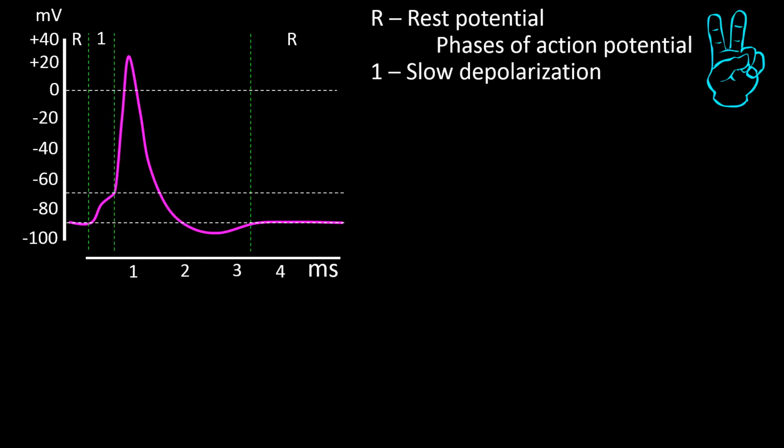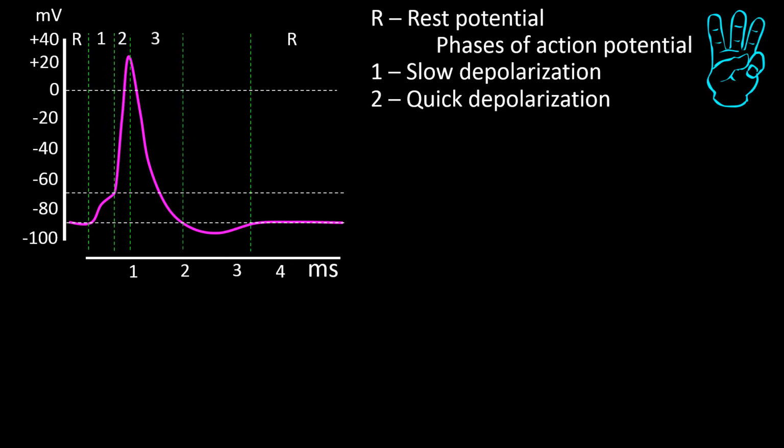The second phase occurs after the slow depolarization phase. It is called the quick depolarization phase. The third one, coming after the quick depolarization phase, is called the repolarization phase.